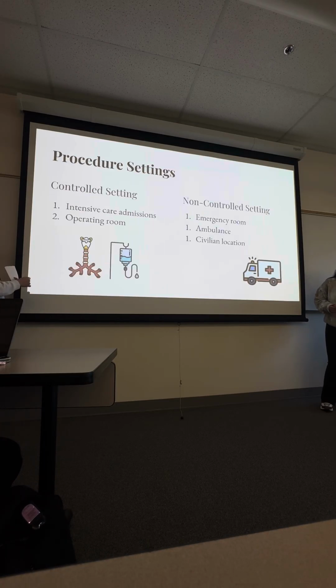And also in a civilian location, in the case that it is a very extensive emergency. So this process can be done, for example, in the home of the individual that requires it, or a local setting. And in a controlled setting, our personnel and equipment would be planned, so it would be a much calmer environment in comparison to emergencies, such as intensive care admissions and the operating room.